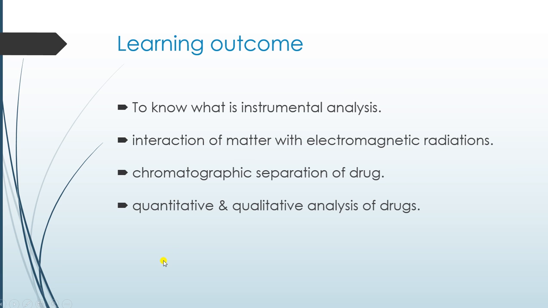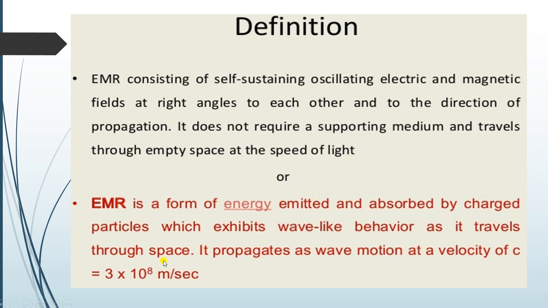As indicated in the definition, EMR consists of self-sustaining, oscillating electric and magnetic fields at a right angle. They are always perpendicular, at a right angle to each other, to the direction of propagation.